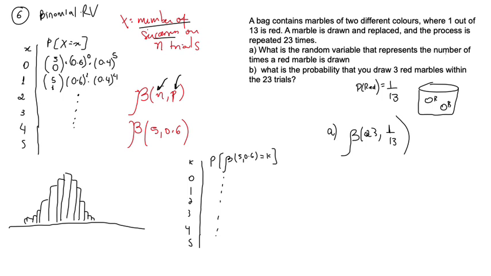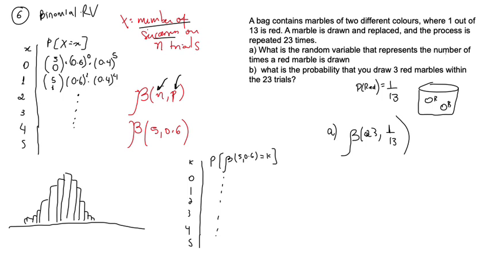Now, item B says: what is the probability that you draw 3 red marbles within 23 trials? So what I want now is the probability of that random variable that I just found equal to 3.